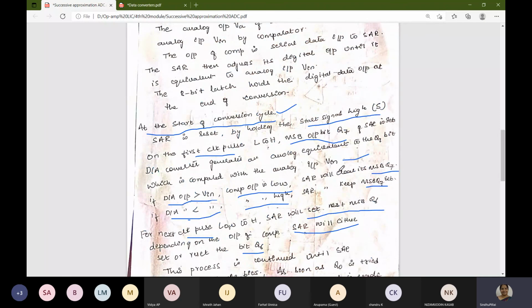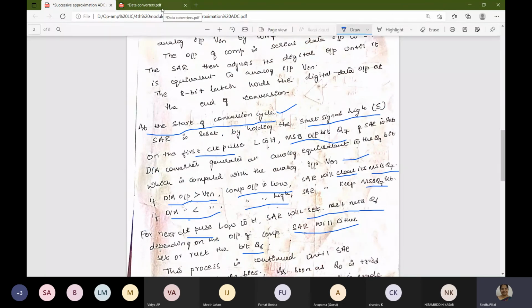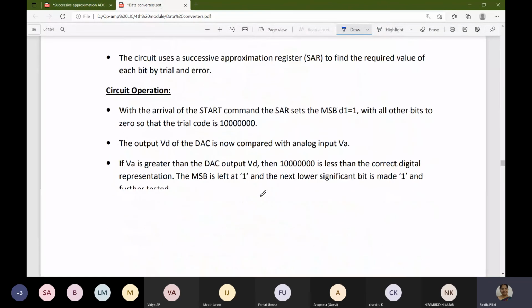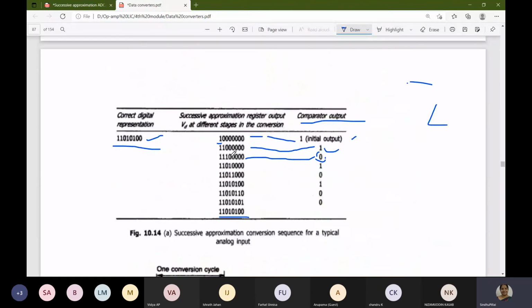When it is low, the MSB will be cleared. When it is high, the MSB will be set. See here, whenever it became low, this bit will be cleared. You can see this 1 has become 0 here. That bit will be cleared, and the next bit will be set.